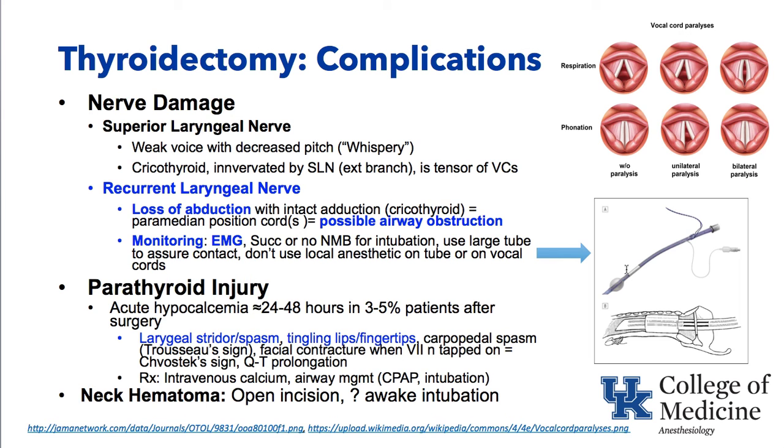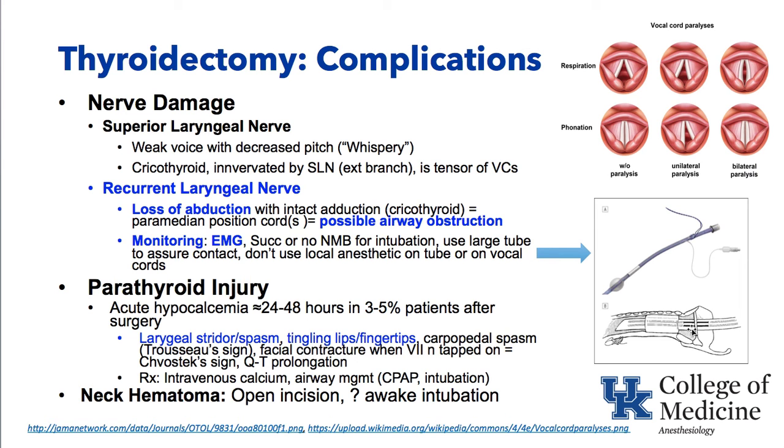Now, one of the things that is unique to thyroid surgery is monitoring of EMG activity. Some ENT surgeons, especially when the thyroid is large and it may be difficult to locate the recurrent laryngeal nerve, may use a tube such as the NIM tube that can be placed through the vocal cords, with a metal area that is positioned right at the bottom right here between the vocal cords.